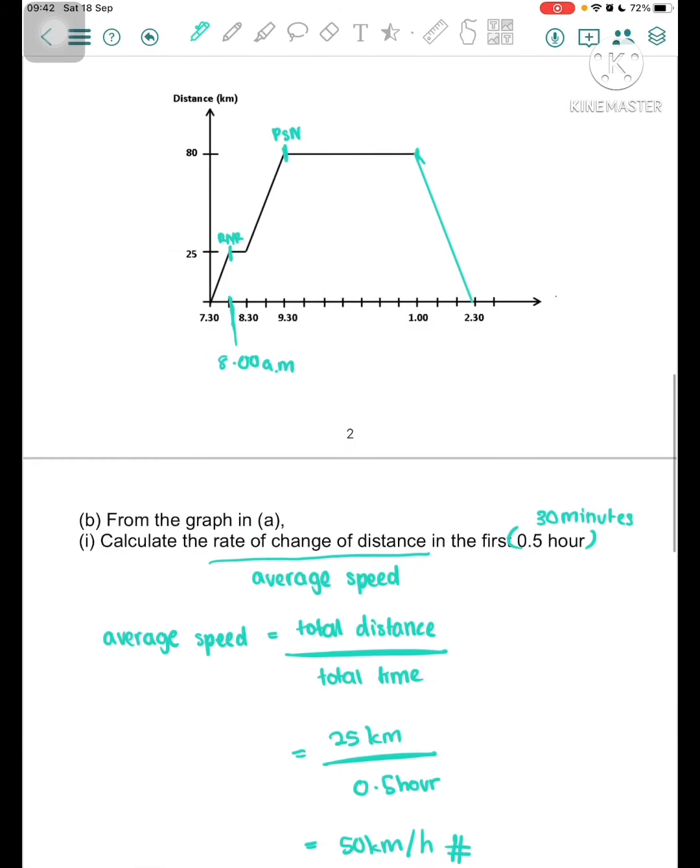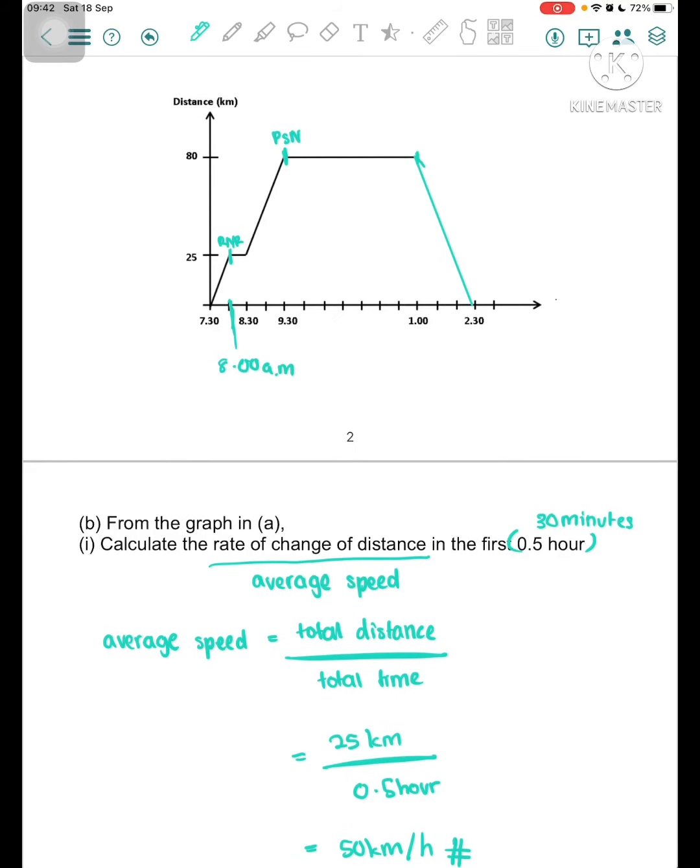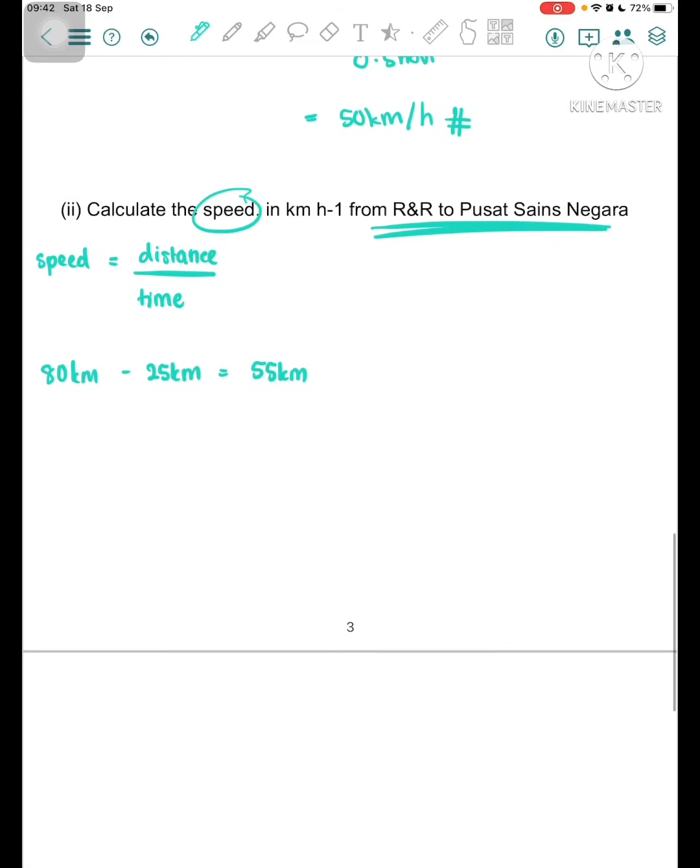Now to find the time. The time should be between 8 a.m. until 9:30 a.m. So 8 a.m. to 9:30 a.m. is equal to 1.5 hour. Okay, then put these two answers into the formula.